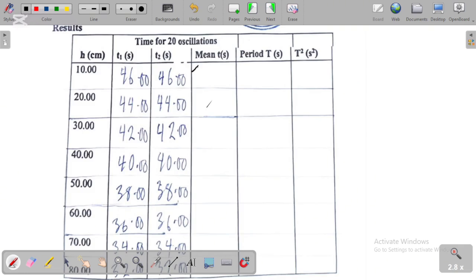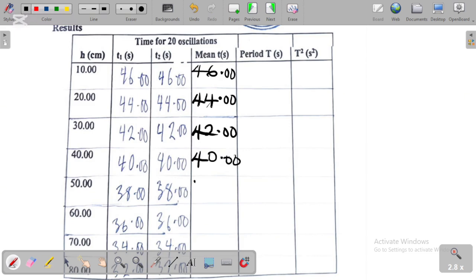We have here 46.00, and then the second one is 44.00. The third one is 42.00. The fourth one is 40.00.